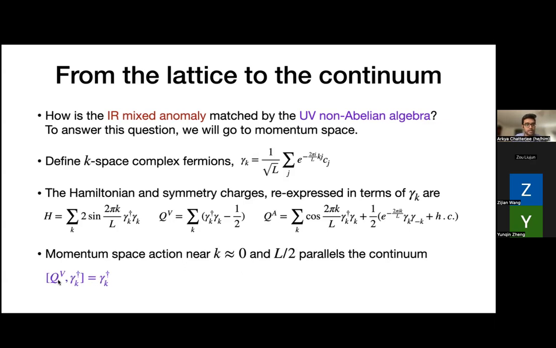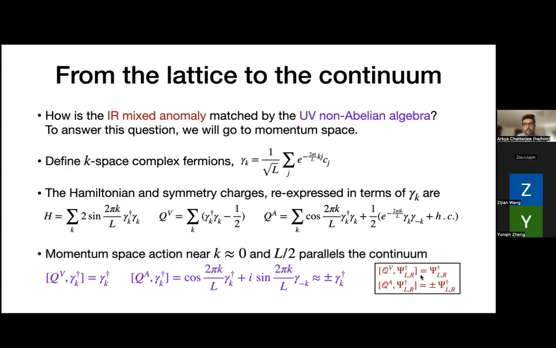QV acts like any usual number conservation operator, like so. But QA has this superposition over both the particle and hole creation operators. In particular, if we focus near k equals 0 and k equals L over 2, the sine term dies, and the cosine becomes either +1 or -1, depending on whether k is near 0 or near L over 2.